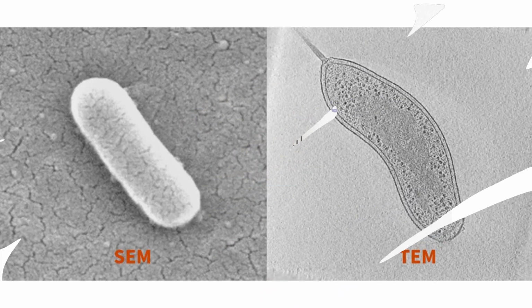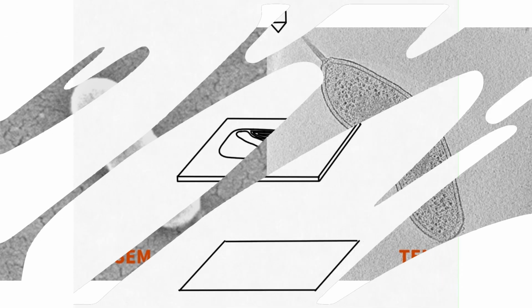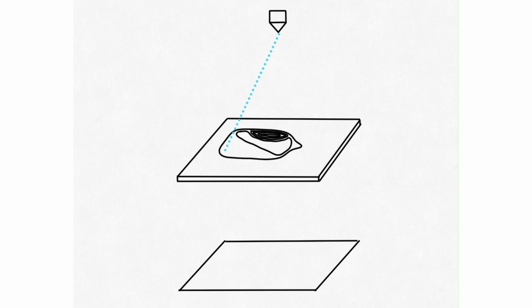As mentioned before, we get two fundamentally different electron microscopes, namely the transmission electron microscope or TEM and the scanning electron microscope or SEM. The TEM was first developed and differs from the SEM as electrons need to pass through the specimen to be viewed.